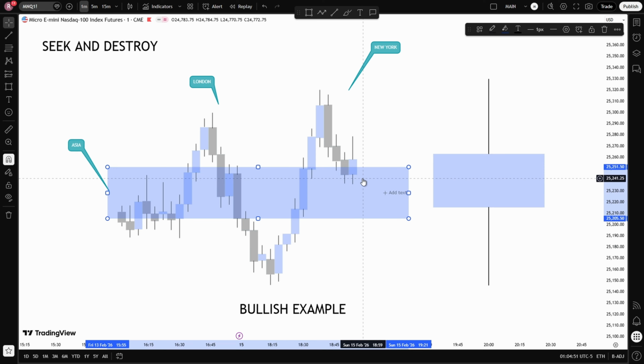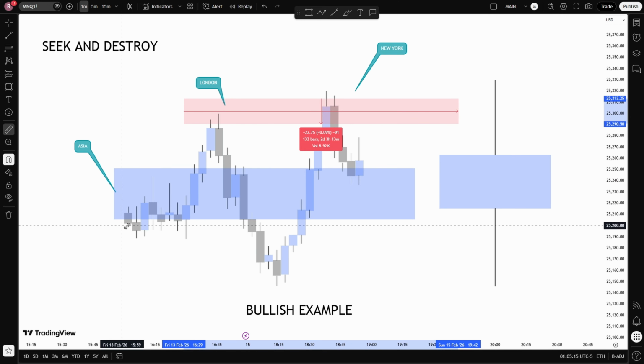There's no strong displacement holding structure in one direction. That's the key characteristic of a seek and destroy profile on the lower time frame. You'll see liquidity taken on one side, then on the other side, but no clean directional follow-through. The market keeps reverting back into the range. It seeks liquidity above, seeks liquidity below, and destroys traders who are chasing breakouts.